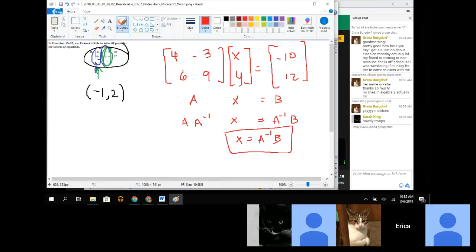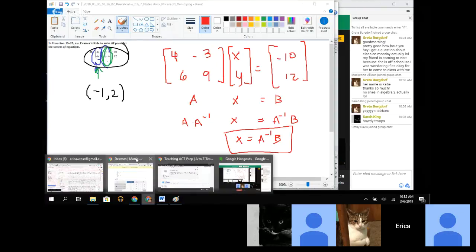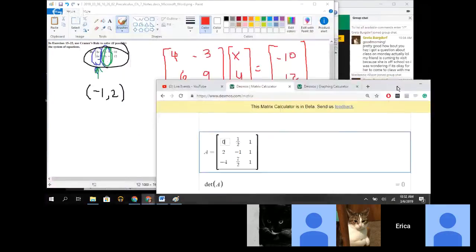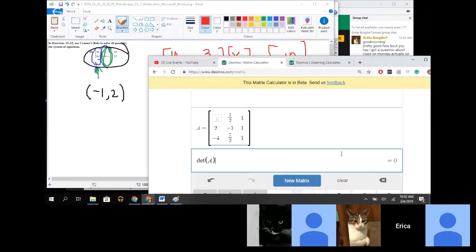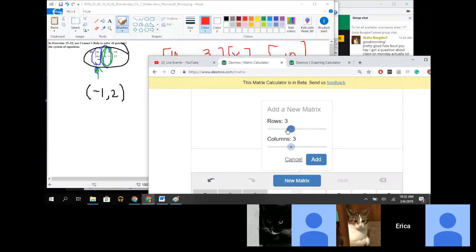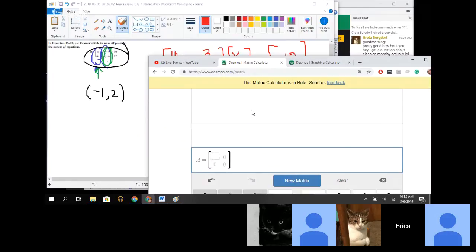So this is powerful because if you do have a matrix tool, remember, you can just put these matrices in and do the problem. So let's delete this matrix. New matrix, 2 by 2. And it is going to be 4, -3, 6, and 9.